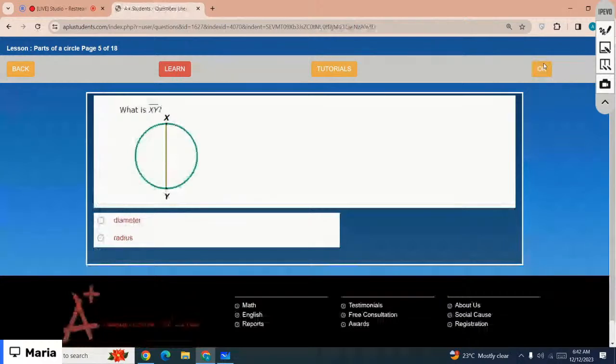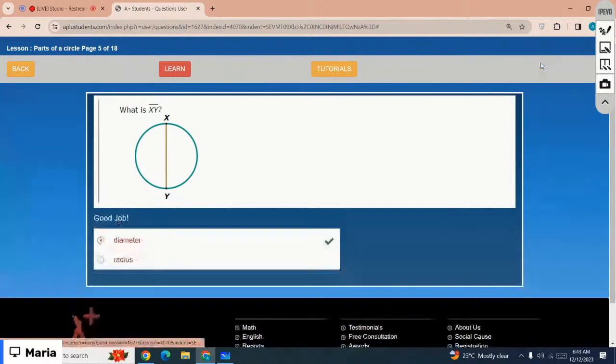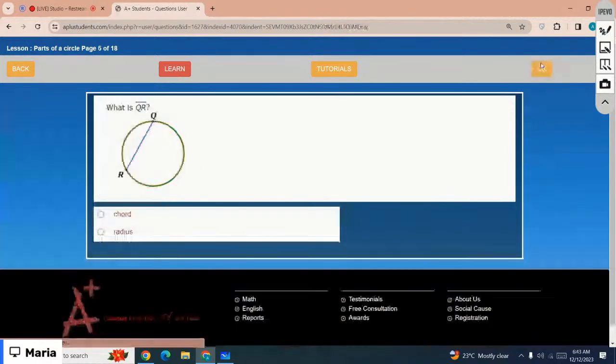Okay, is XY diameter or radius? Which is the correct option? That is the diameter, right? Because that is passing through the center of the circle. So that is the diameter of the circle, right? What is QR? Is it chord or radius?